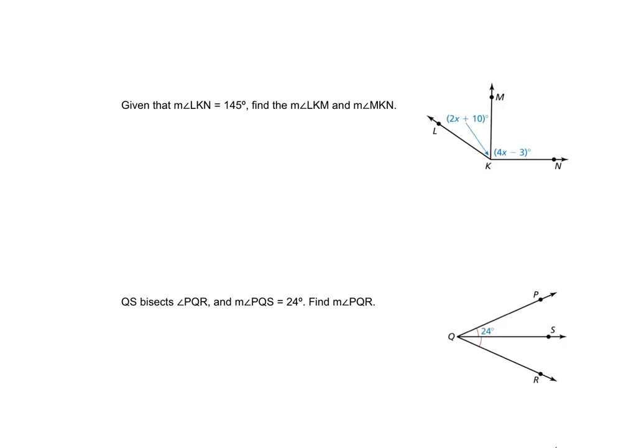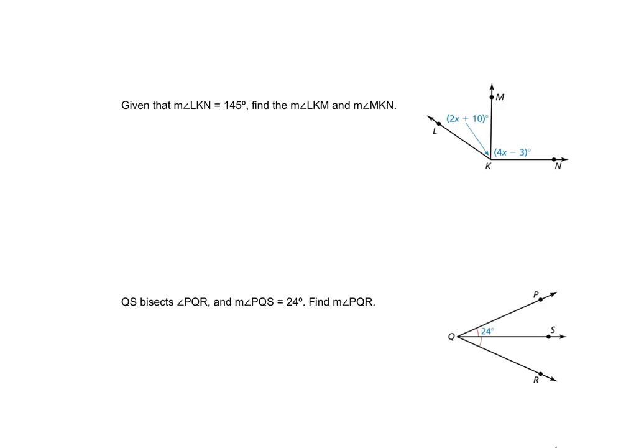What would be true about these two angles? Do they have to be congruent? No, not necessarily. Okay? Could they? Maybe. Based off the way the picture looks, probably not. But once again, we don't always want to judge based off the way the picture looks. Okay? So we don't know if they're equal, but what do I definitely know about these two?